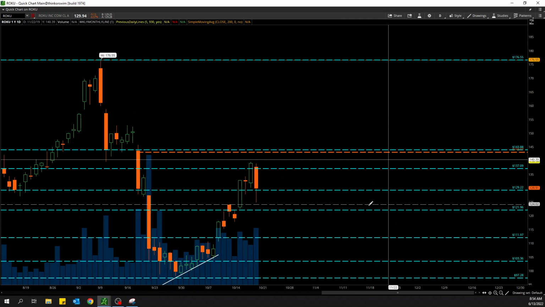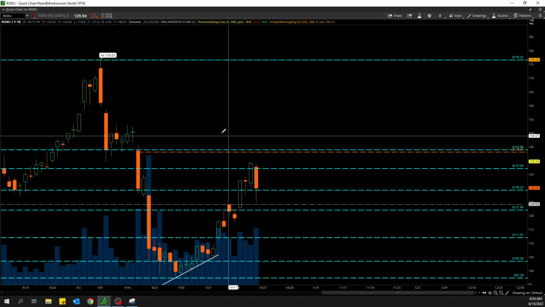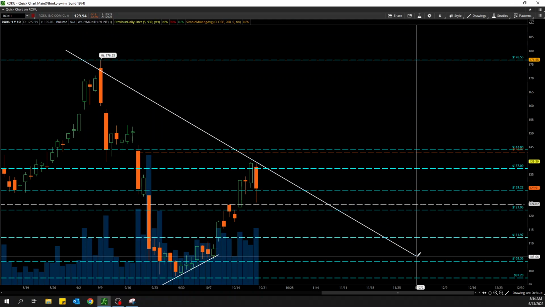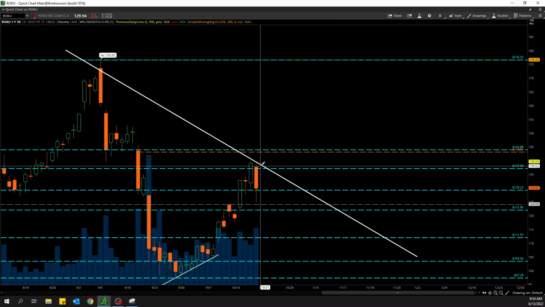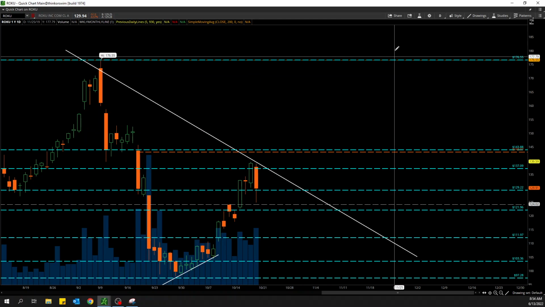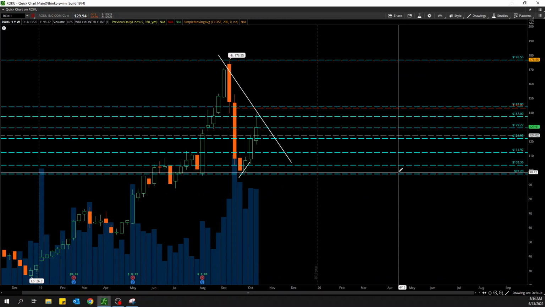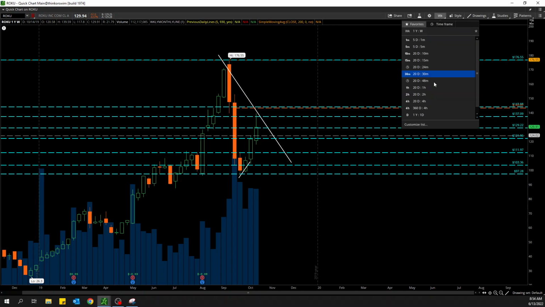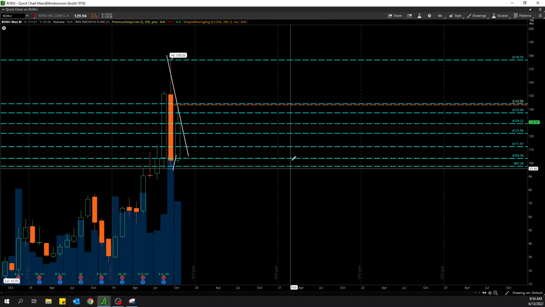Now why? Because you're looking at the overall trend. The overall trend or consensus has been down. We're just bouncing into an area. So as we go higher up, this is what you see. And as you go higher and higher up, you start to see things a little more differently.